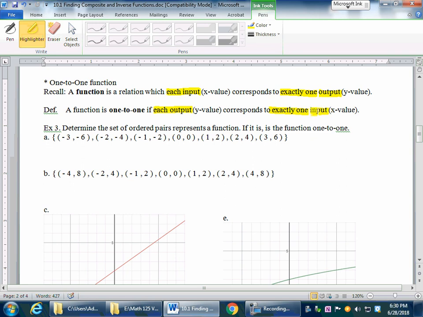So that way, you have only one direction. For example, if you have an x value and you go one direction, you get exactly one y value. And to be one-to-one, this y value must come back to exactly one x value as well.